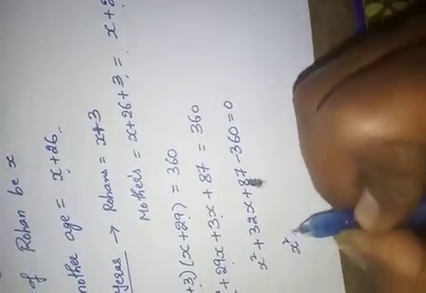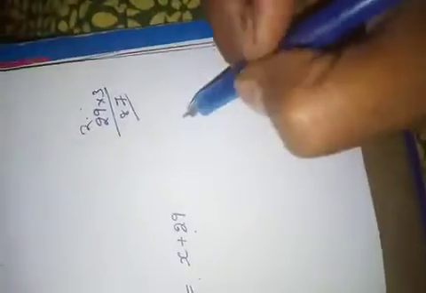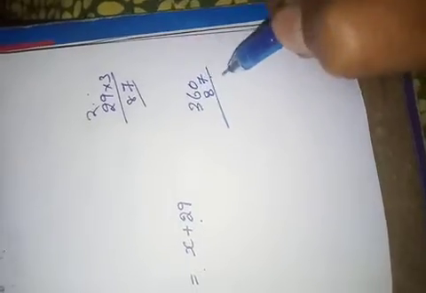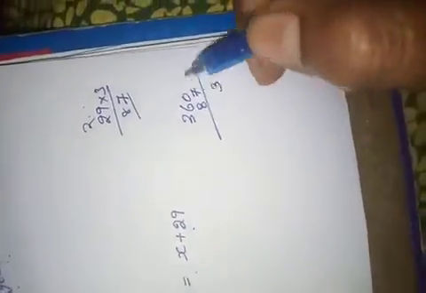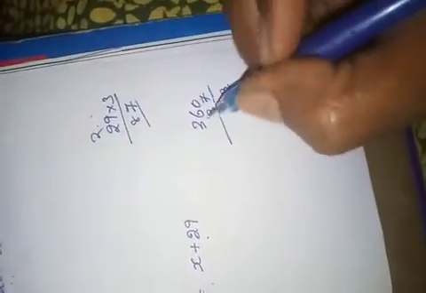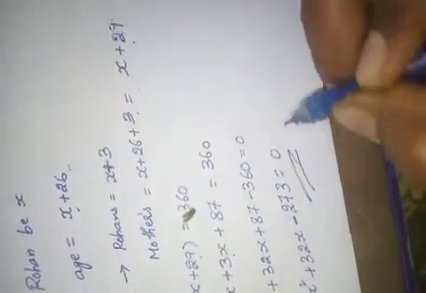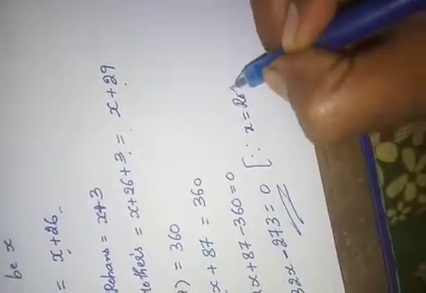Now solve this. x square plus 32x plus 87 minus 360. 7 minus 0, 10 minus 7, 3. Here 5. 5 minus 8, it will not go. Again 15, 15 minus 8, 7. Here again 2. 273. Equals 0. That's all. Here mention since x equals Rohan's age.